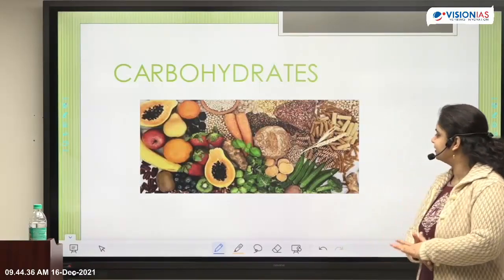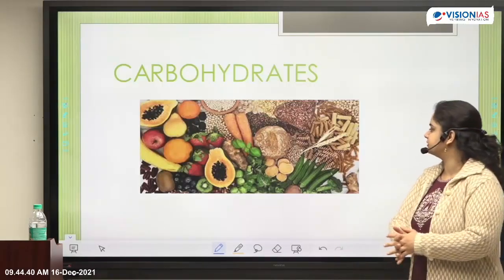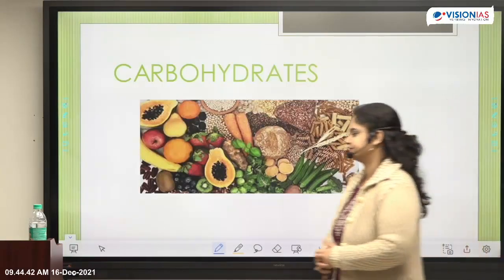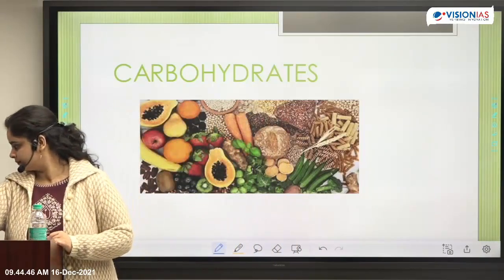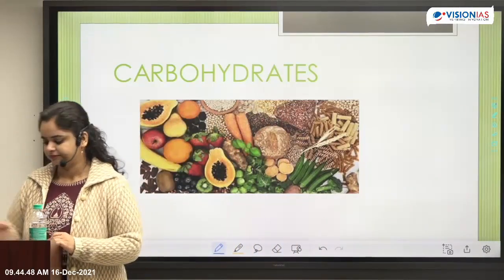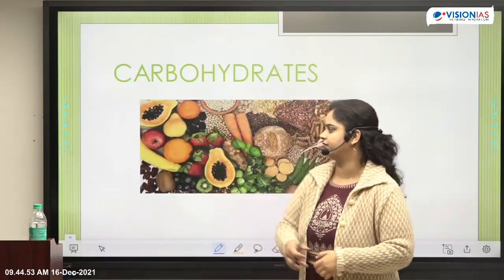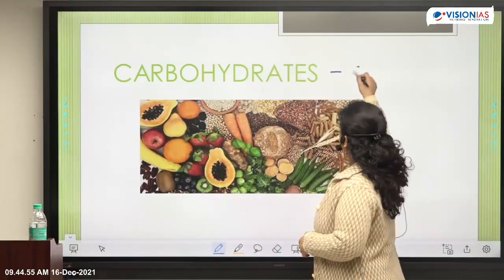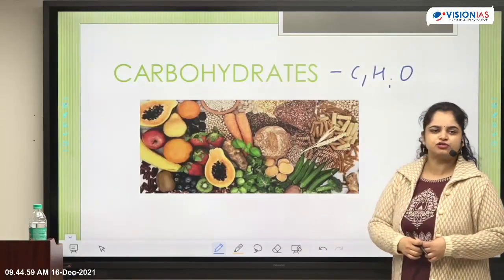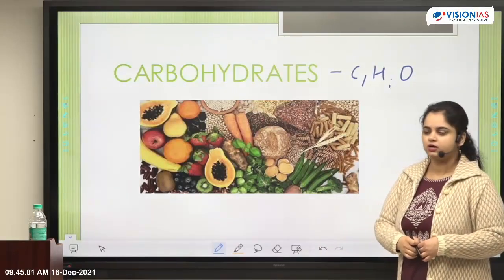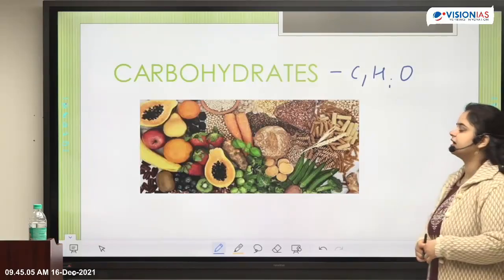So you have some grains, then you have some fruits and vegetables, some pasta also made from grains. Chemically, if we talk about carbohydrates, it is carbon, hydrogen and oxygen. A carbohydrate is made up of carbon, hydrogen and oxygen.